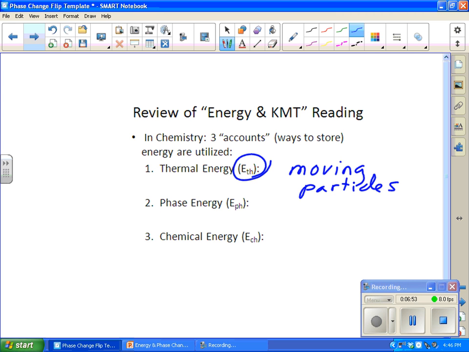And this way of storing energy is related to both the mass and the velocity of those particles. The phase energy is abbreviated as E_ph, and that's the energy stored in a system due to the arrangement of particles.